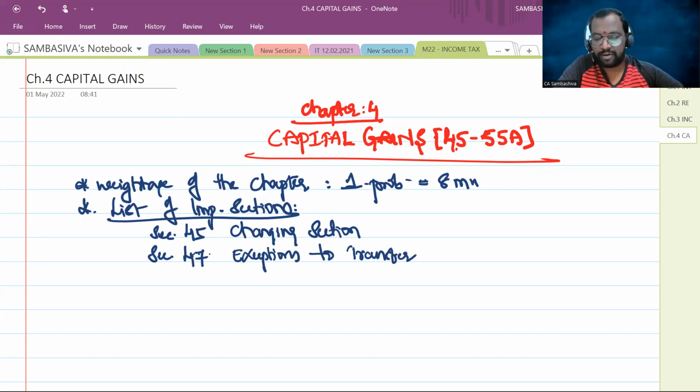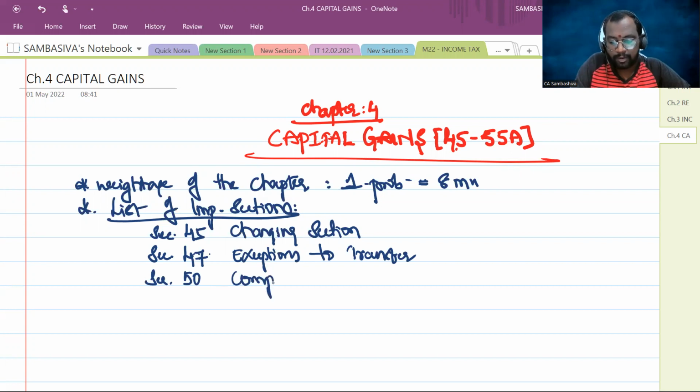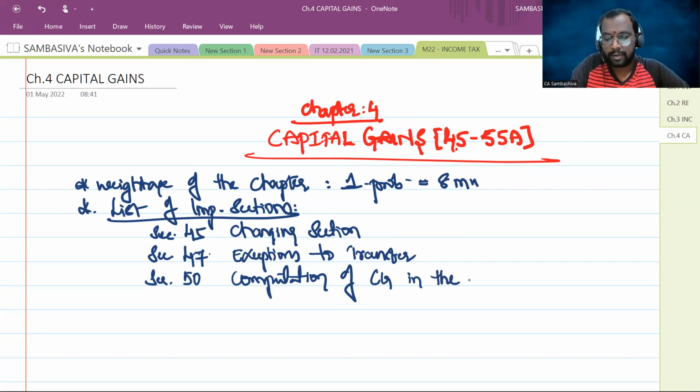Another important question section. And then we can take section 50, that is computation of capital gains in the case of sale of depreciable capital assets.